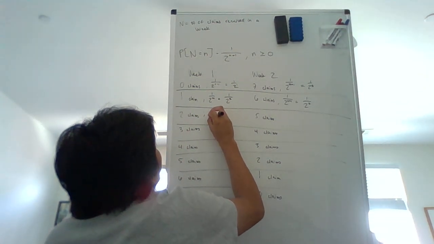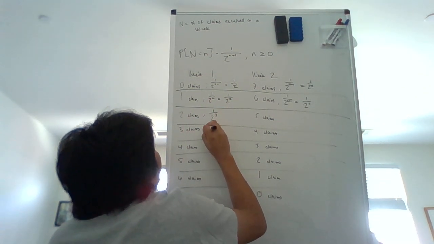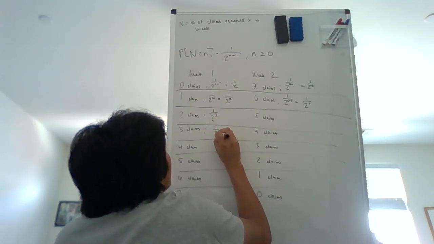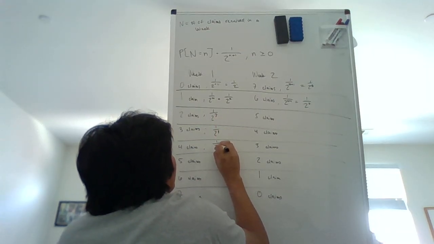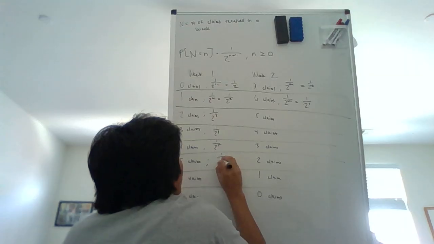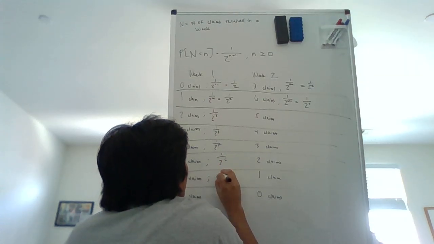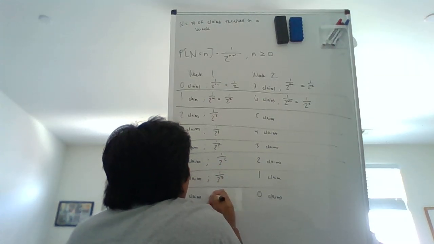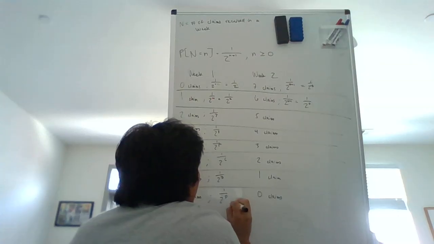So this is going to be 1 over 2 to the 3rd. This is going to be 1 over 2 to the 4th, 1 over 2 to the 5th, 1 over 2 to the 6th, 1 over 2 to the 7th, 1 over 2 to the 8th.